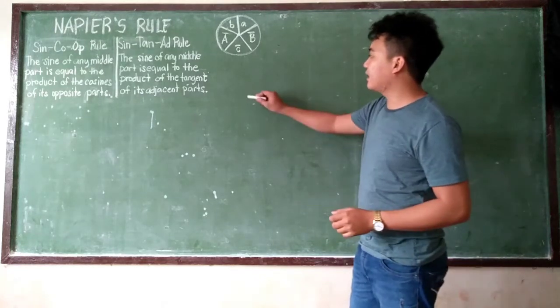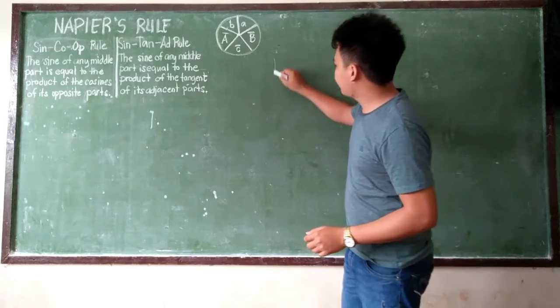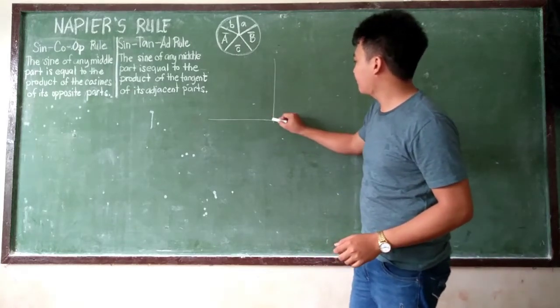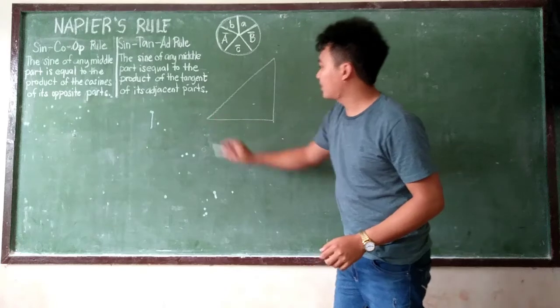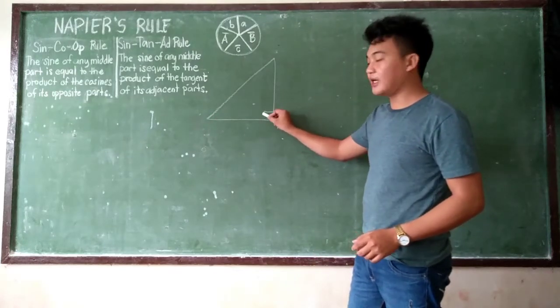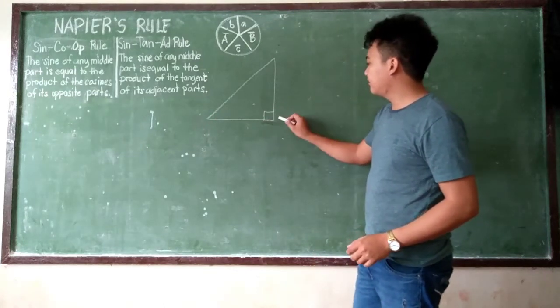We have this triangle. So this is a 90-degree triangle.